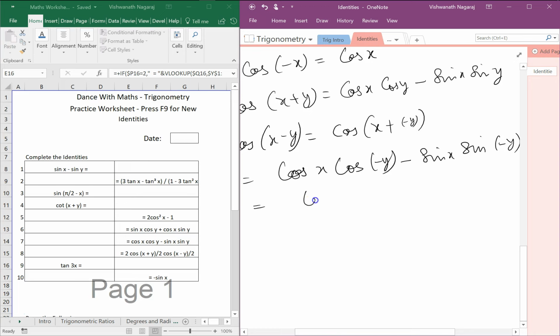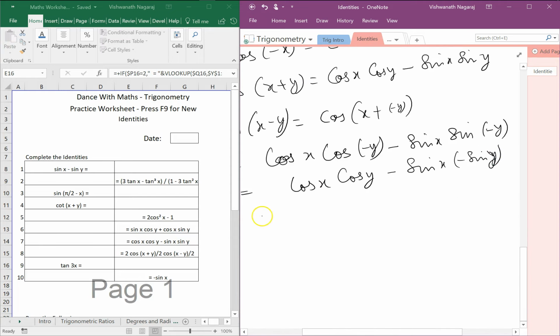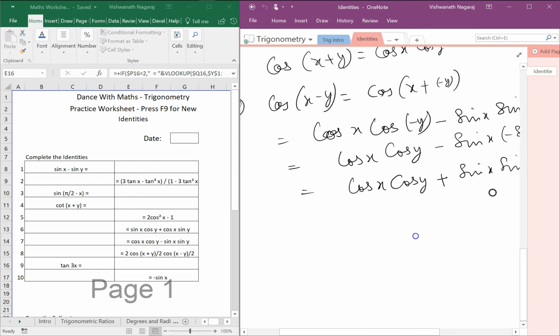So now cos x cos minus y is cos x cos y, minus sin x sin minus y is plus sin x sin y. Here itself we have done. So this is equal to cos x cos y plus sin x sin y. So this is another identity.